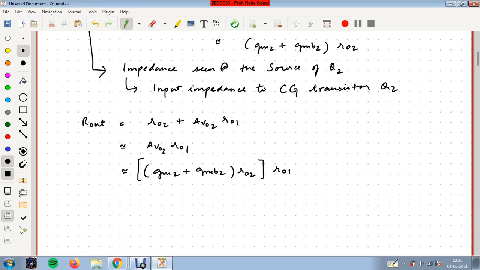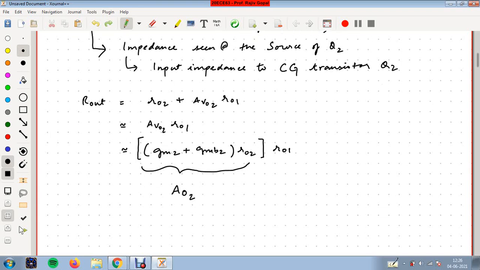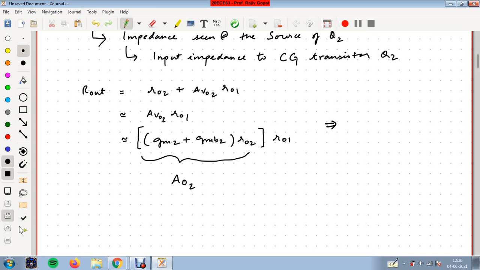This term you can consider as A02 times R02, so this makes R out as A02 times R01.